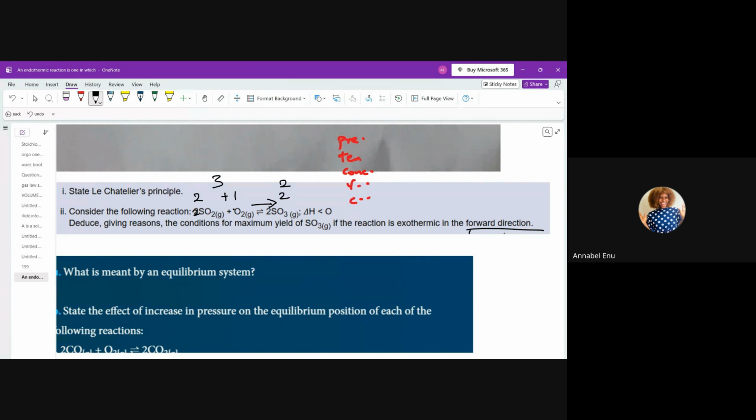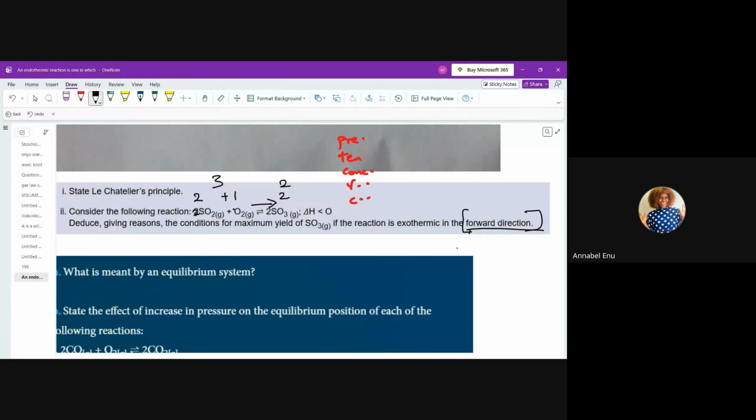What about in terms of temperature? In terms of temperature, we see that this is exothermic. It means that the heat is at the product side, not the reactant side. And now, since this reaction is all about the forward direction, as the question told us here, it means that it is going towards the products, right?